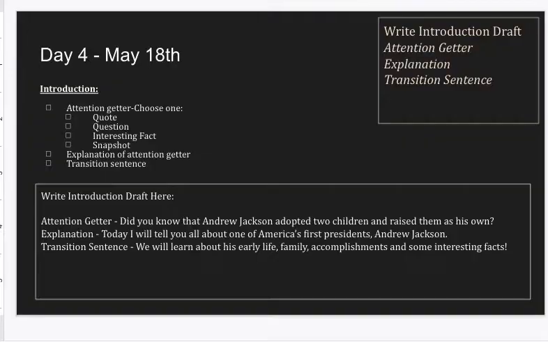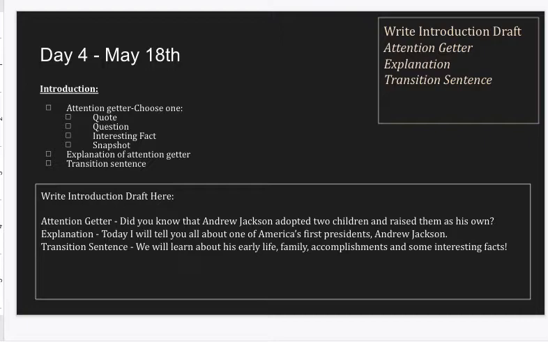Now let's work through my example introduction. I will show you how we can go through and make changes to shift this perspective from third person to first person. My example, I am doing my project on Andrew Jackson. I wrote this introduction draft here on the bottom, and I wrote it in third person.